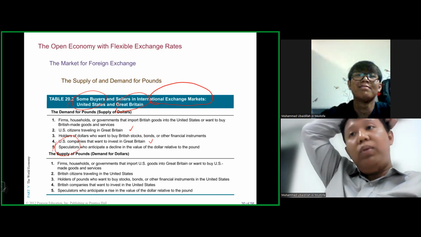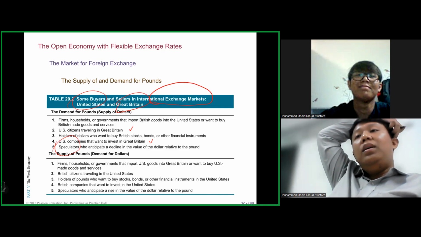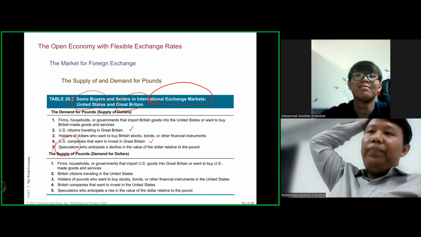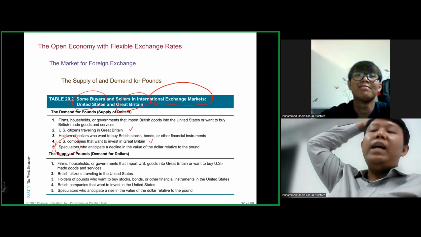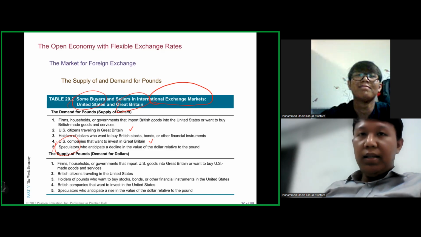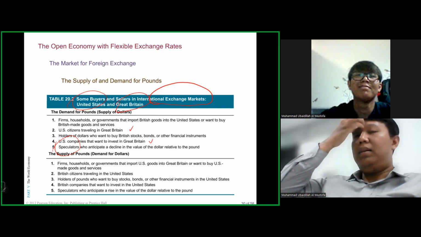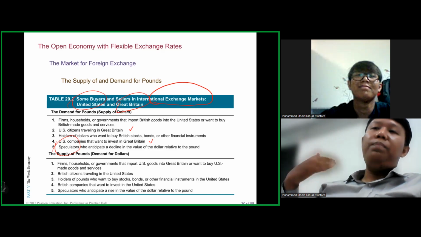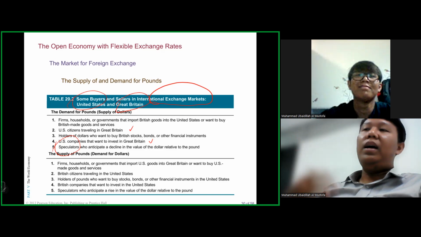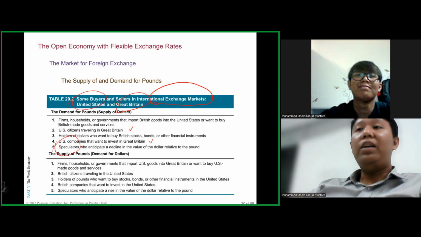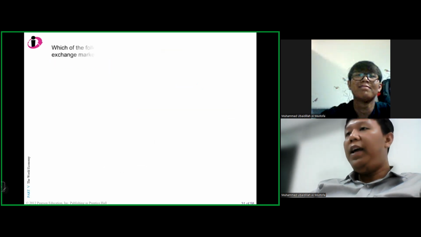So who are the speculators? Speculators are traders. Usually they buy foreign currency at a cheap price and sell it at a higher price, so they try to make a profit margin by selling different currencies.